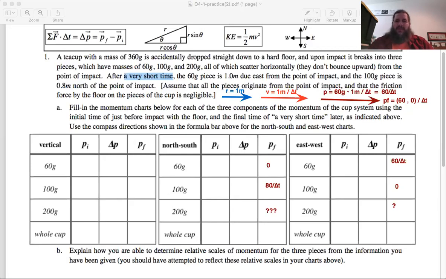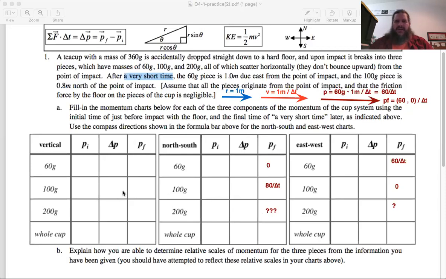At the very beginning, though, before the impact with the floor, do we know anything about the initial momentum of the whole cup? Which direction is the cup moving before it hits the ground? Straight down.